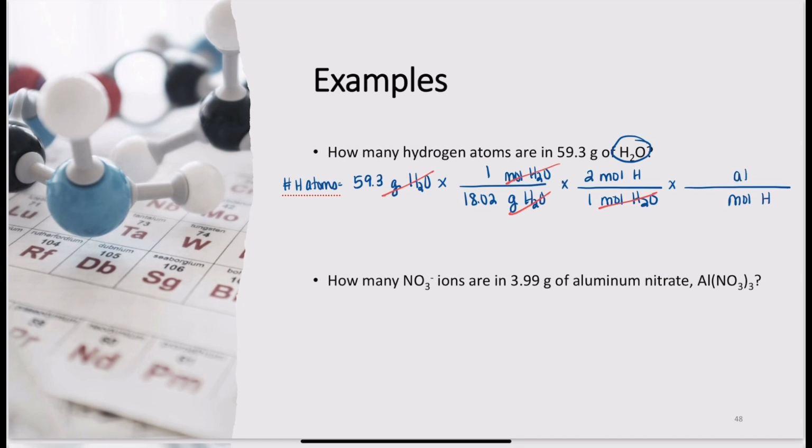I want atoms. I know 1 mole of hydrogen contains 6.022 times 10 to the 23rd hydrogen atoms. That canceled out my moles of hydrogen, got me atoms of hydrogen. I plug that in my calculator and I get 3.96 times 10 to the 24th hydrogen atoms.